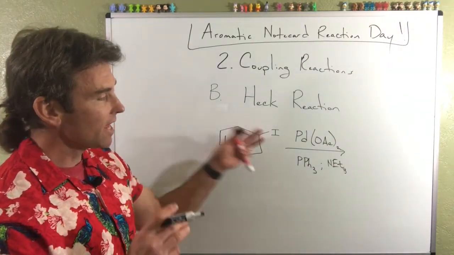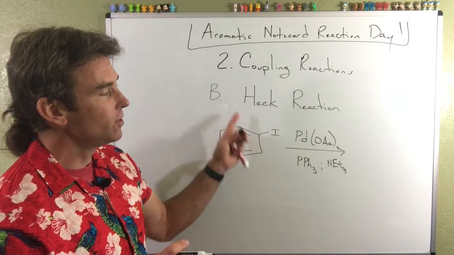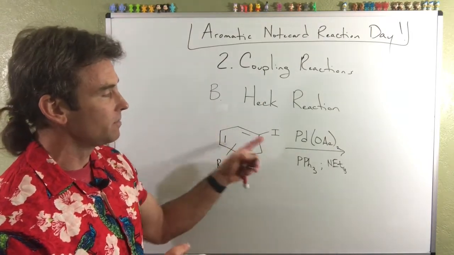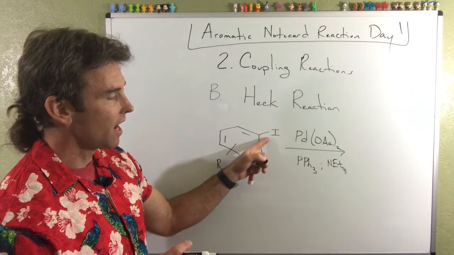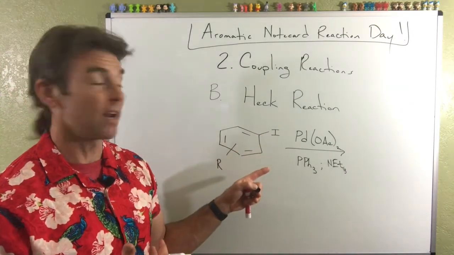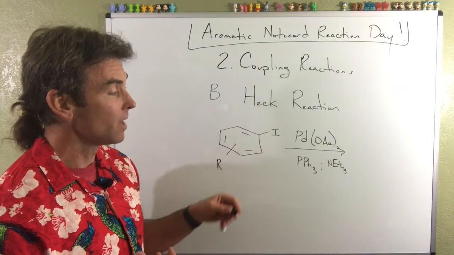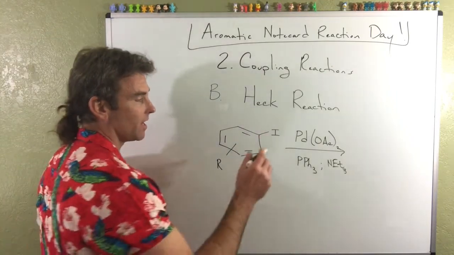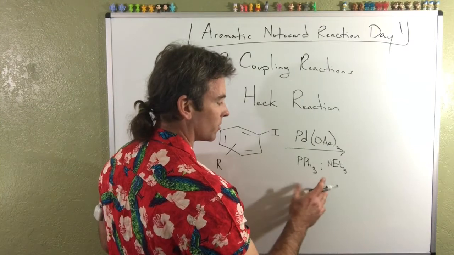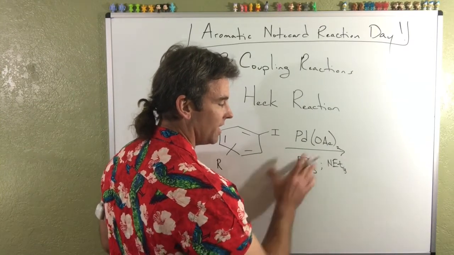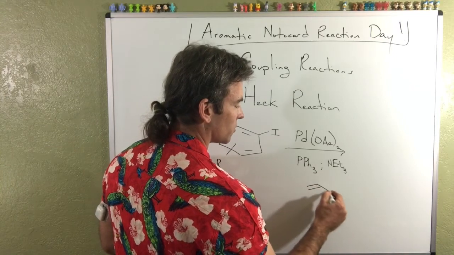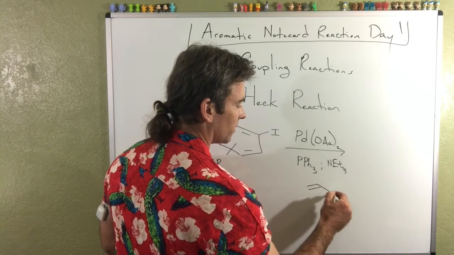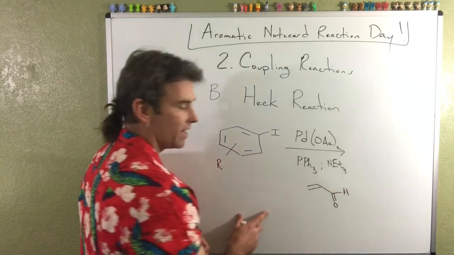So that is the way that we produce the reactive species, right? We're going to have that palladium insert itself into this, once again, halogen aromatic compound here. And then what we're going to do, typically in a second step, or sometimes you can just include it right in the reaction mix, is usually to introduce some sort of vinylic system, right?